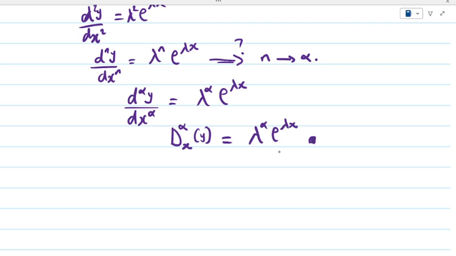Okay, so if you want to take this to the gamma function, we can actually extend this to the gamma function.